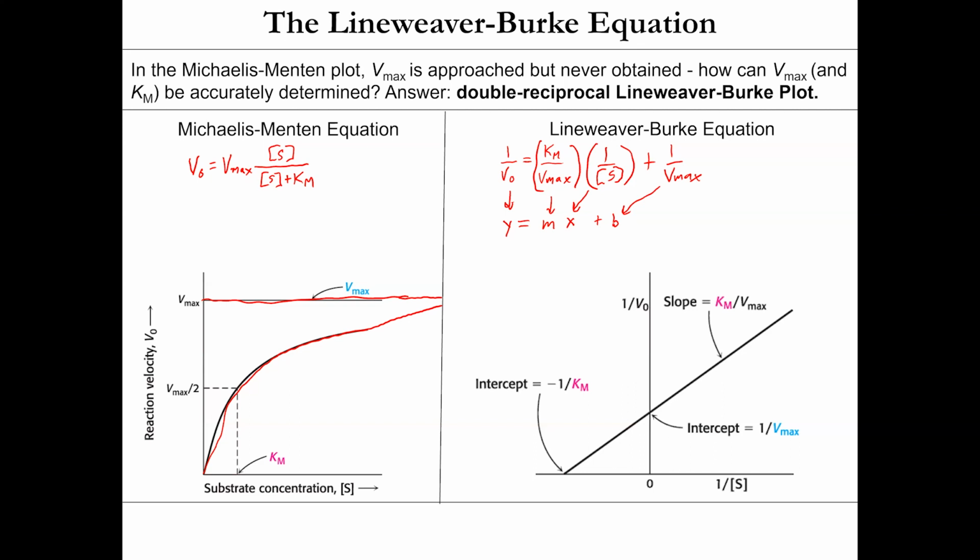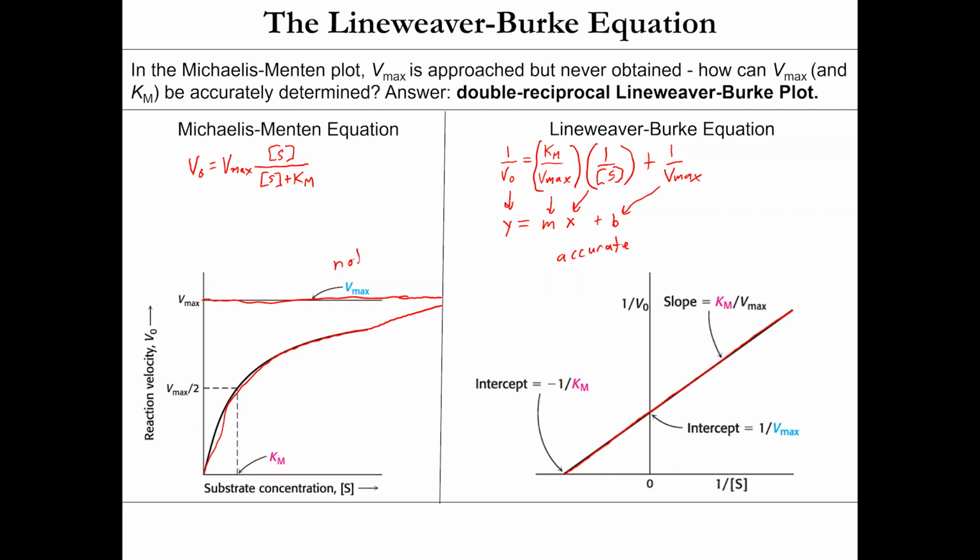And so we get this y equals mx plus b equation, and that allows you to get a linear plot like this. That way you can get actual accurate determination of both Vmax and Km.